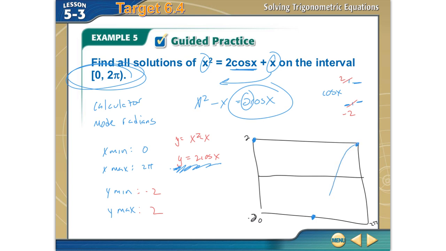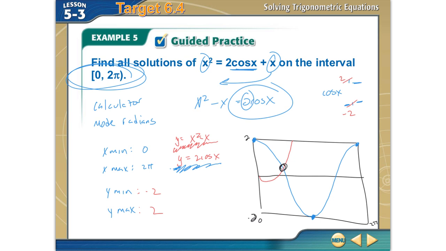It looks kind of like that. Not bad. All right, and then our other function, x squared minus x, I'll do that one in red. That looks like this. Okay, now that leaves us just this one point of intersection.